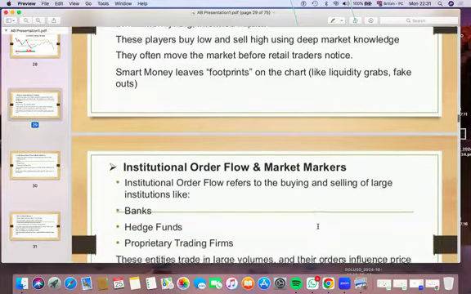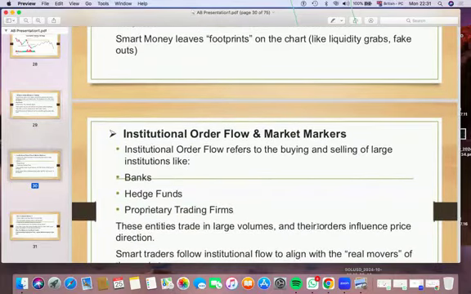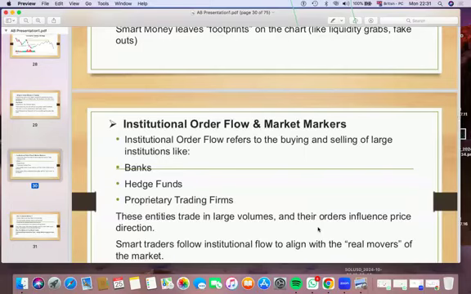So institutional order flow and market makers. Institutional order flow refers to the buying and selling of large institutions, like the banks, hedge funds, proprietary firms, and large entities in the market. Okay, they trade large volume.